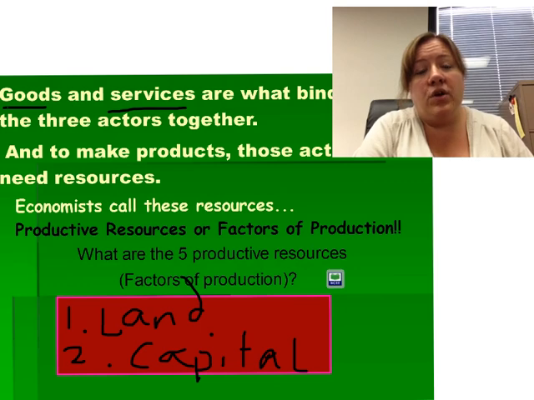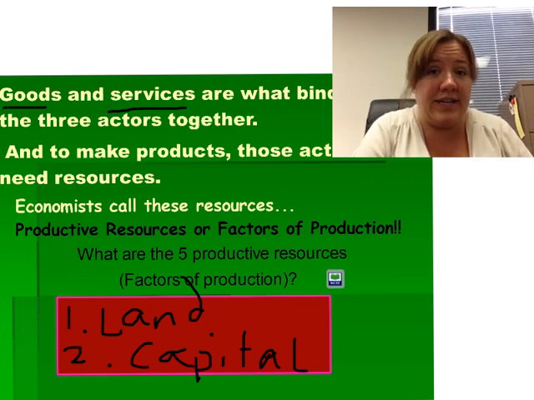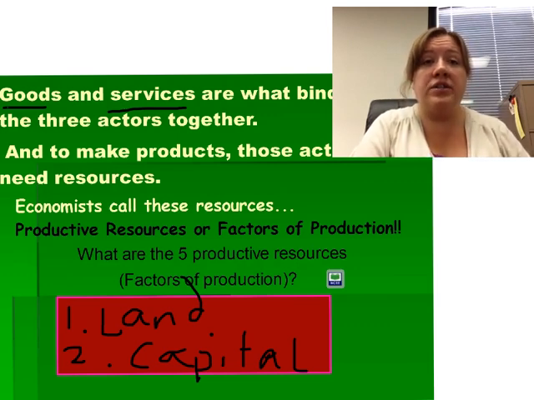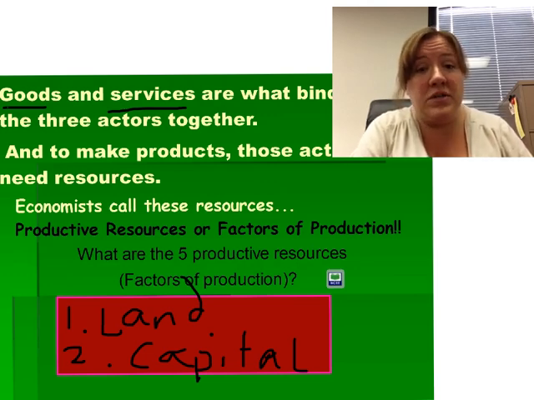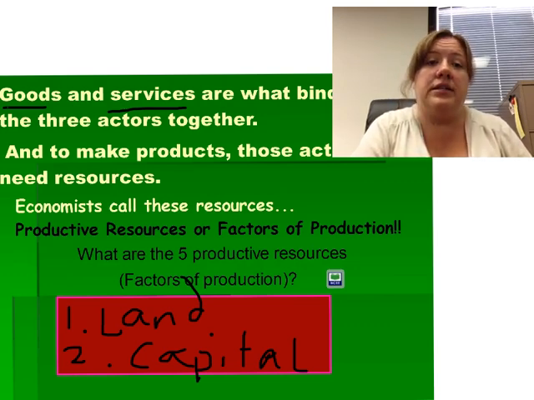Technology is one of those resources that industrialized nations really focus on because it helps us to improve production and get the most out of our resources. Because remember, economics is about limited amounts of resources and the fact that we have unlimited needs and wants. Okay, so those are the 5 factors of production.